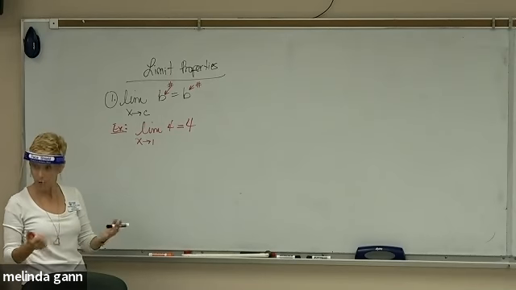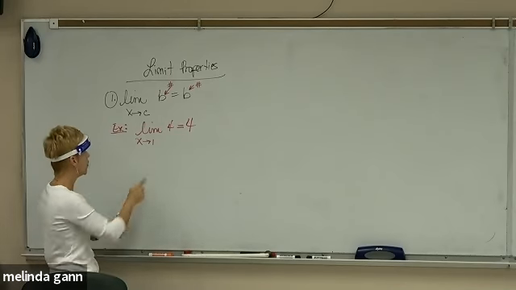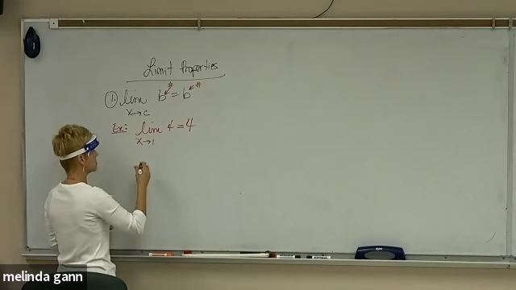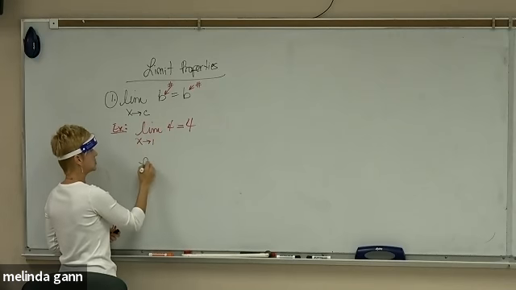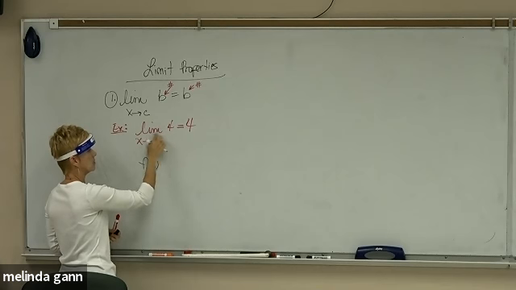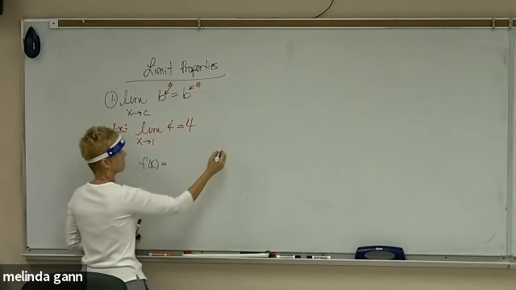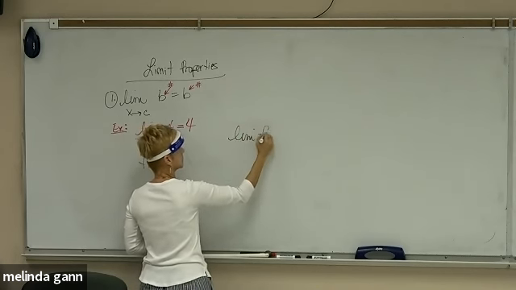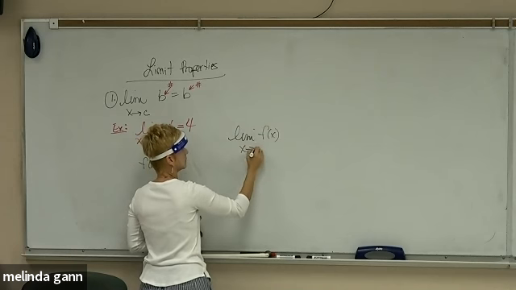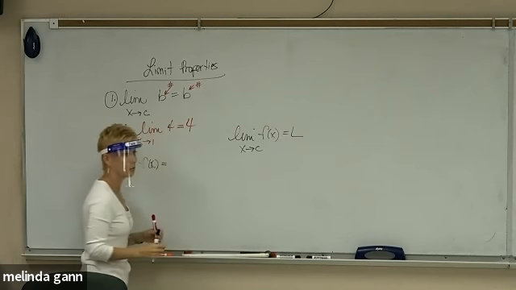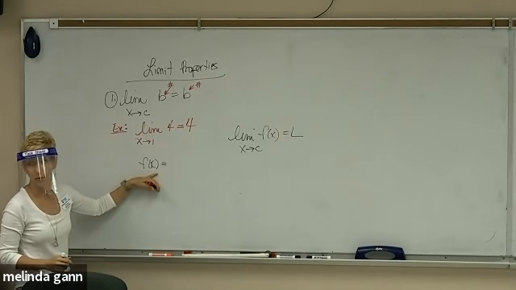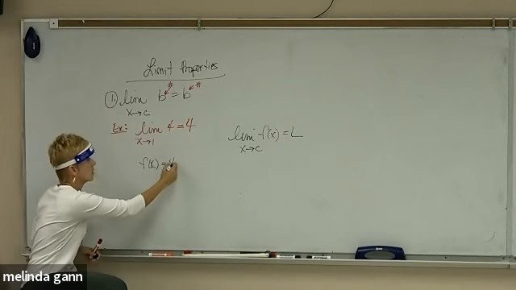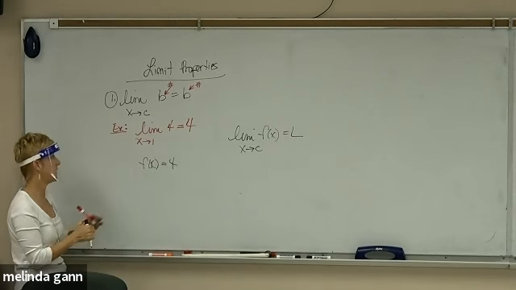Now, I want you to think about why that has to be true. What's your function right here? Think about your form. What's your f of x in this problem? Isn't it 4? Now, what's f of x the same thing as?